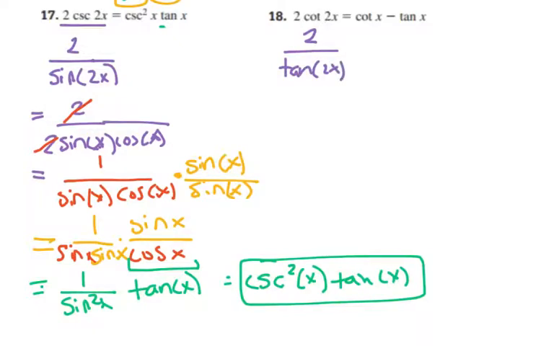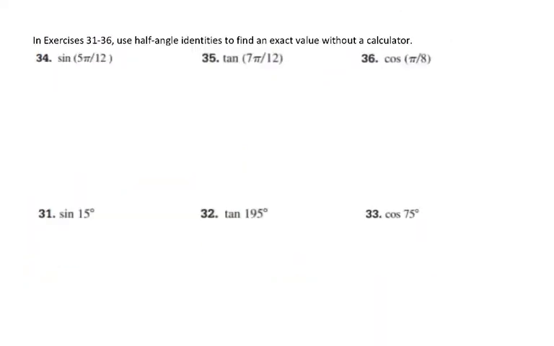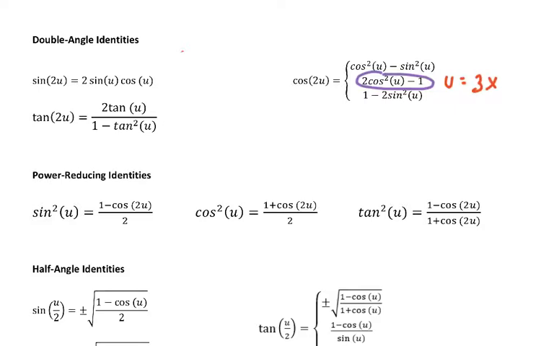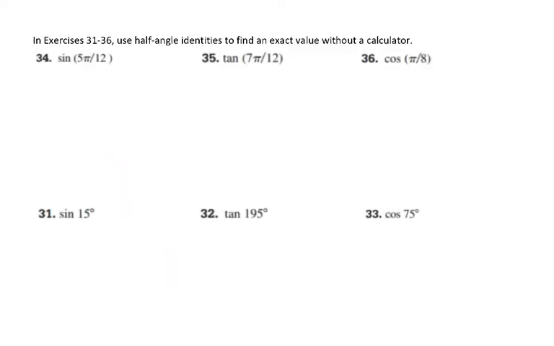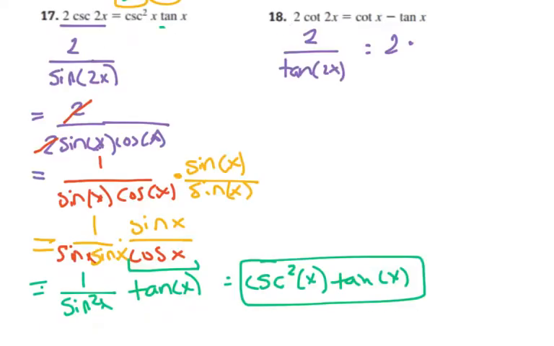Which means that if I use my double angle, I still have 2, but I'm going to have to multiply it by the flip of what tangent equals, which is over here. 2 tangent u is now going to be on the bottom, and 1 minus tangent squared of u is on the top, in order to have it equal cotangent. So again, 1 minus tangent squared of our x in this case, and then that's over 2 tangent. Oh, sorry, just 2 tangent.